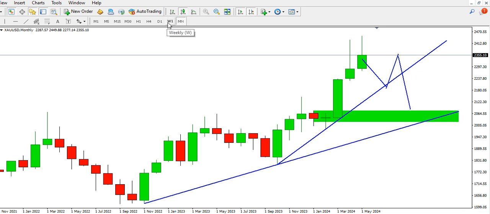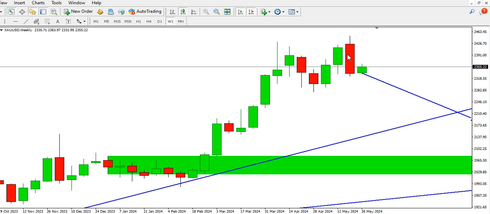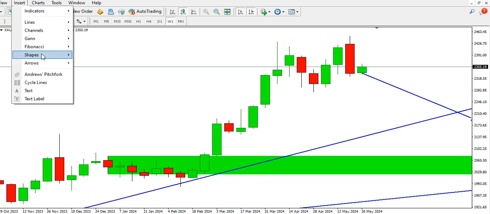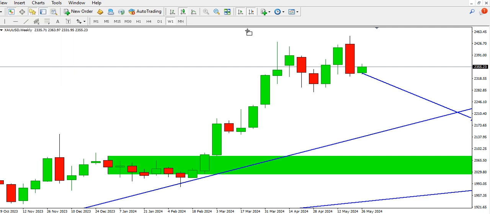For the weekly time frame, we can see this particular bearish candle, suggesting that price has gotten to a resistance level and might likely drop.